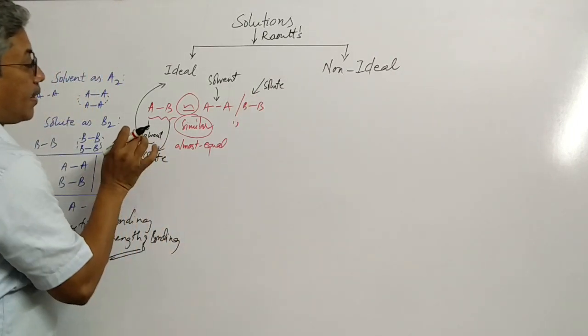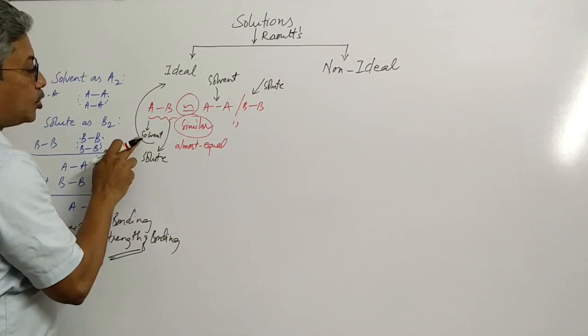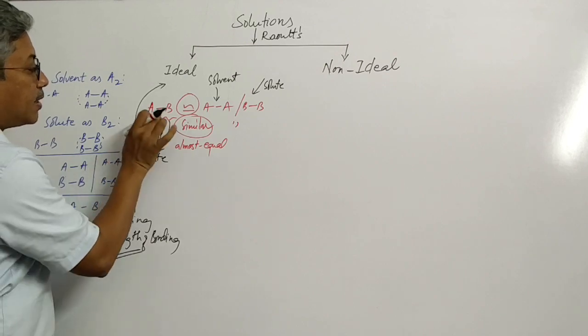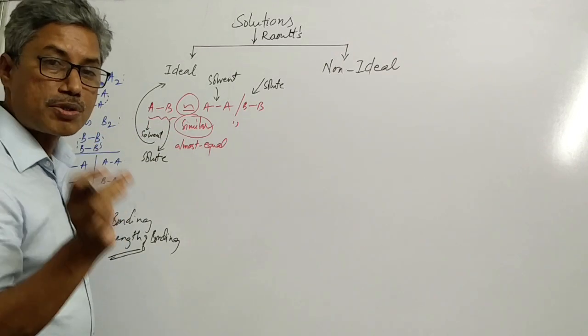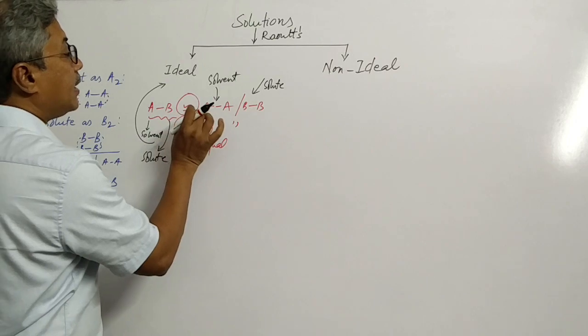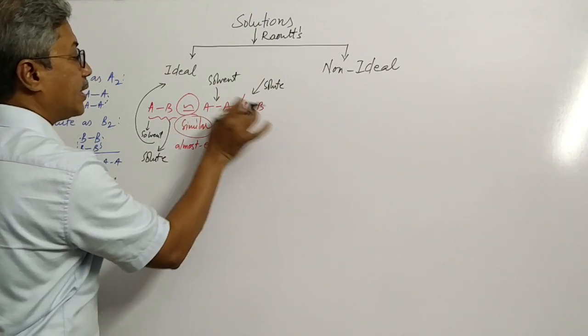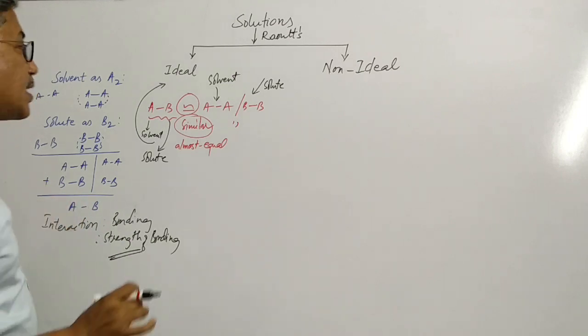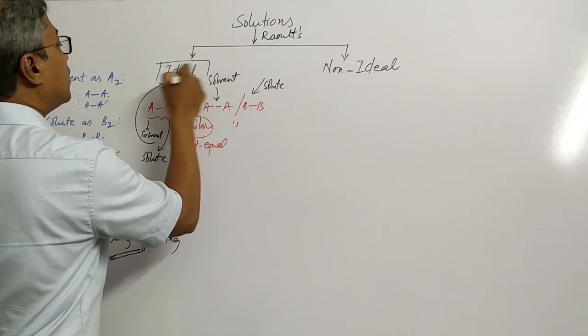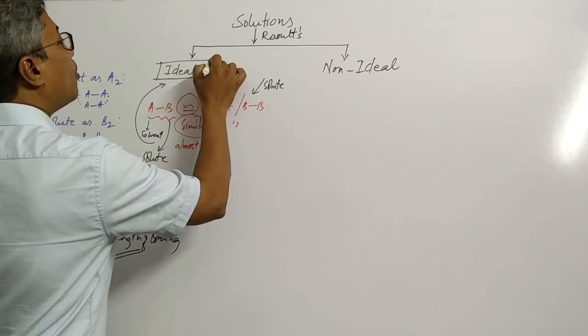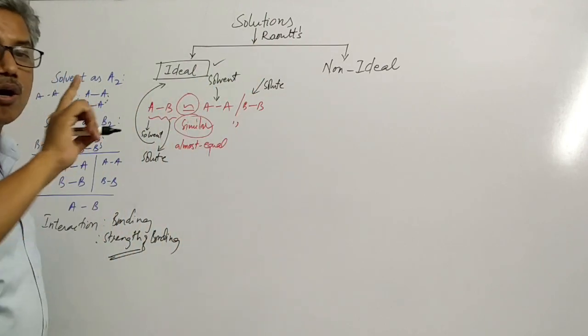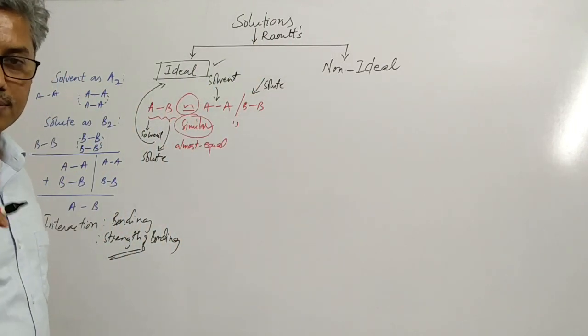See, students, the solution in which solvent-solute interactions are almost equal to the interactions between solvent molecules and between solute molecules, such solutions are called ideal solutions, because they obey Raoult's law at all concentrations of the solution.